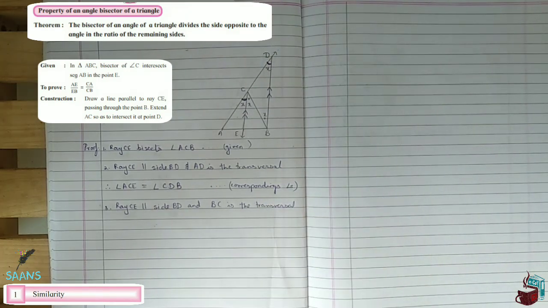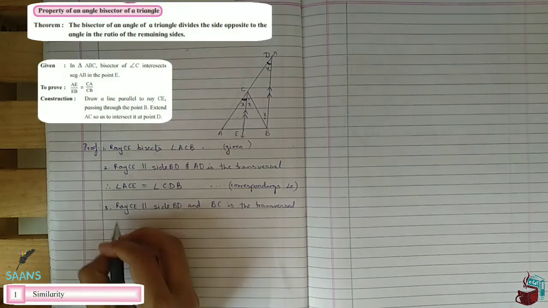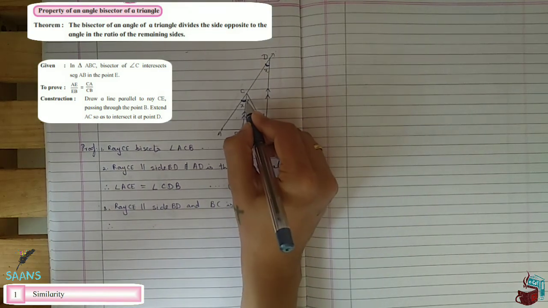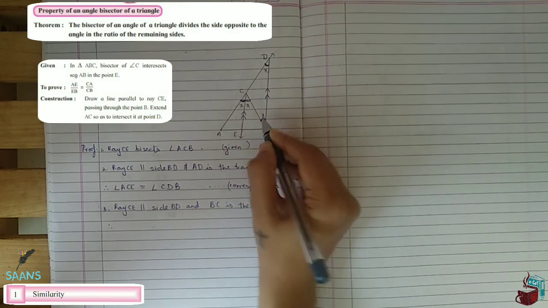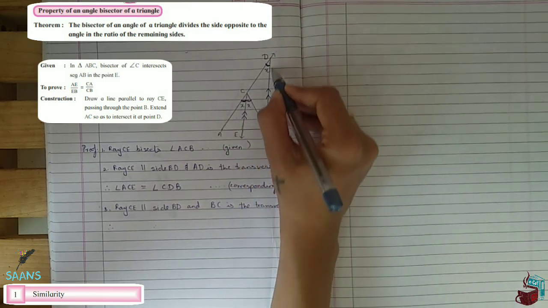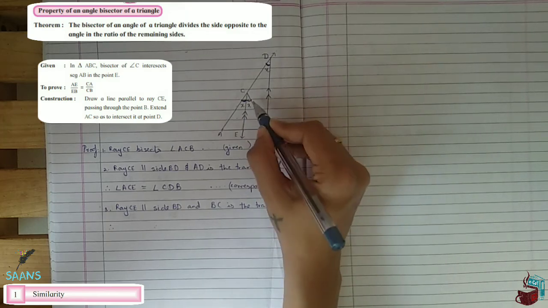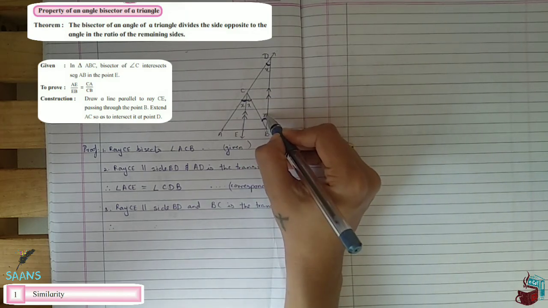Now in the case where BC is the transversal, you can see this angle over here. This will be equal to this. Now they are making a Z. So this angle will be congruent to this angle.